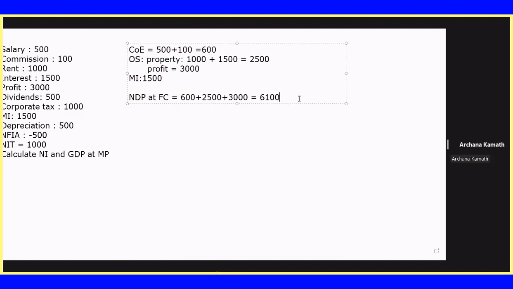Try finding out national income and GDP. Madam, here we are not adding mixed income.